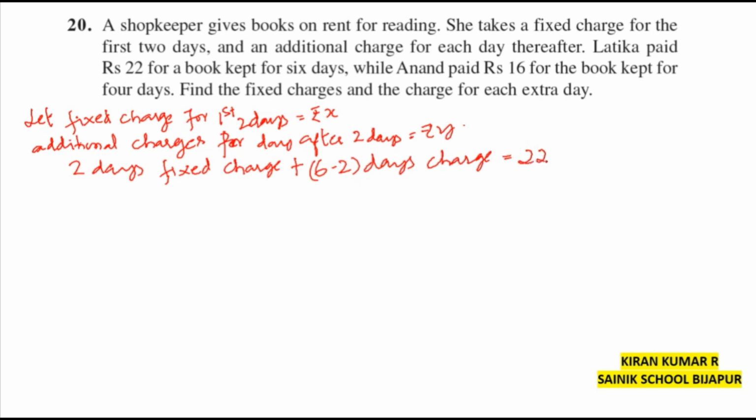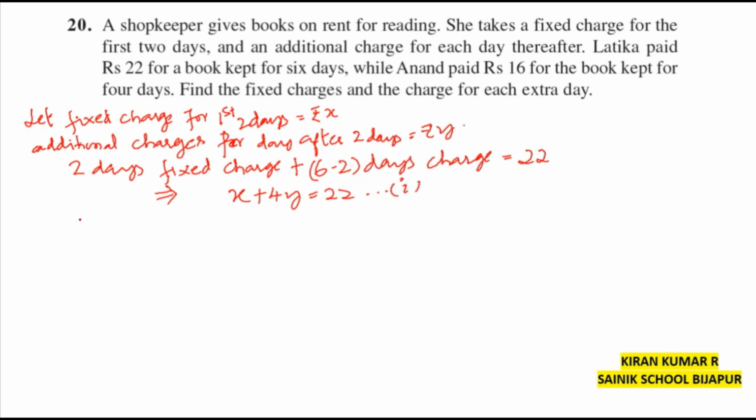The total money she paid is Rs 22. Therefore, the equation is X plus 4Y equal to 22. This is the first equation.